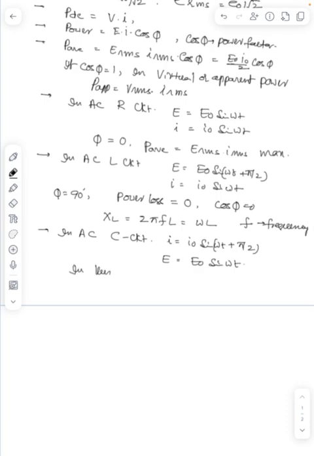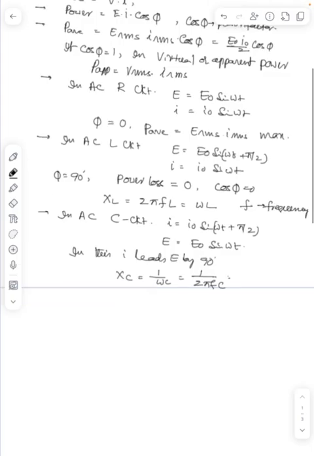In this, voltage lags, current I leads E by 90 degrees. Capacitive reactance XC equal to 1 by omega C equal to 1 by 2 pi F C. For DC, XC equal to infinity, which means a capacitor blocks direct current.